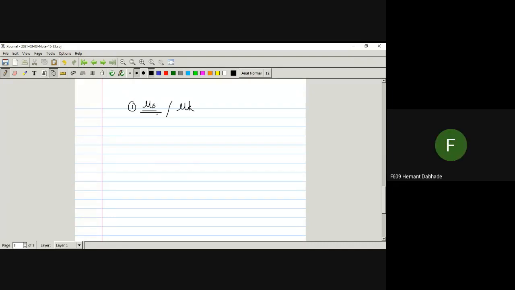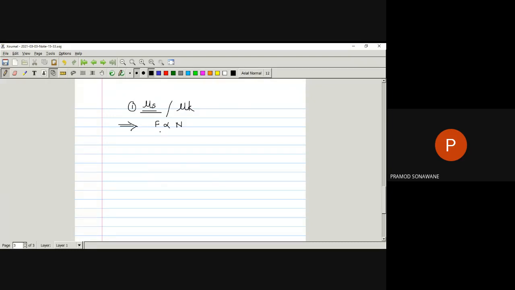Yes, it will be F by N. So from experiments it is found that your frictional force is directly proportional to the normal reaction provided by the surface. After n number of experiments, the observation is that your limiting frictional force is directly proportional to your normal reaction.